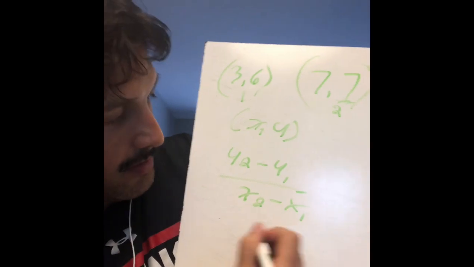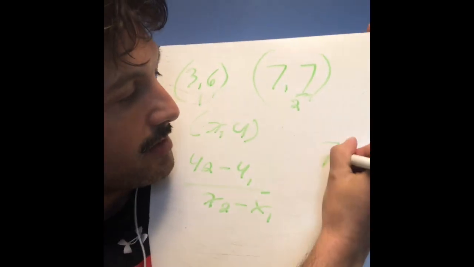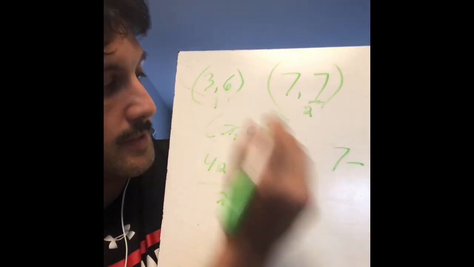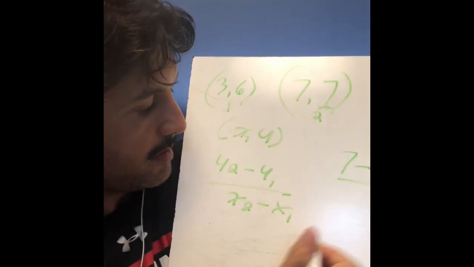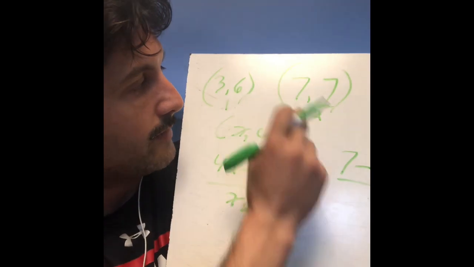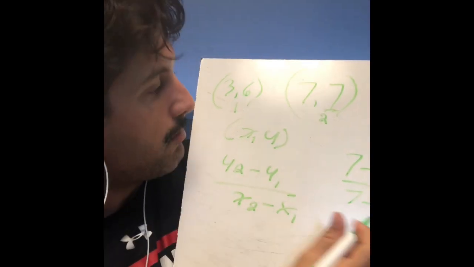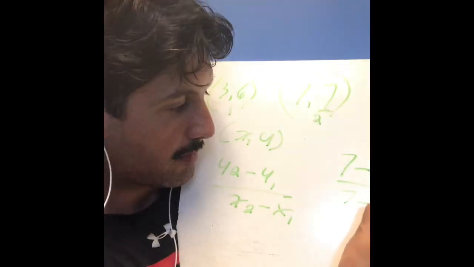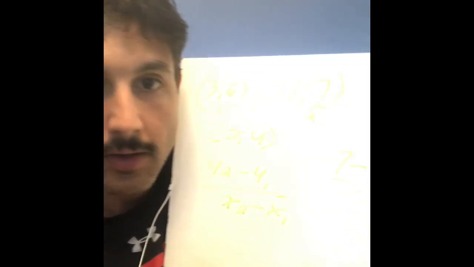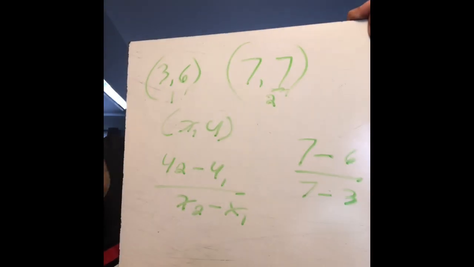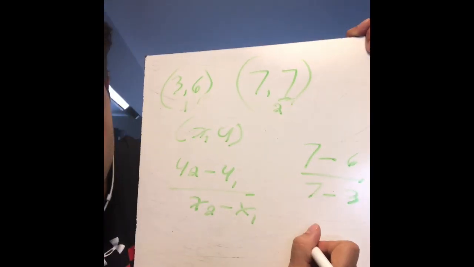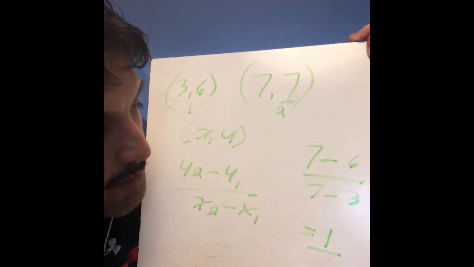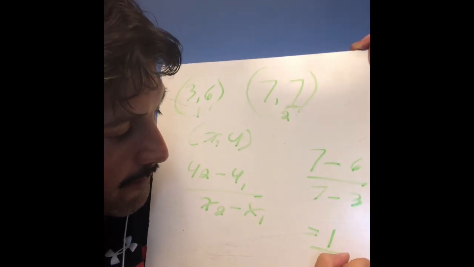It's a 7. So I'm going to write that down. 7 minus y1 is a 6. Okay, x2 is over here. It's a 7 minus, over here x1 is a 3. So 7 minus 6 is equal to 1 over 7 minus 3 is 4.